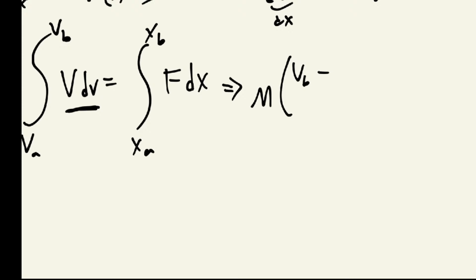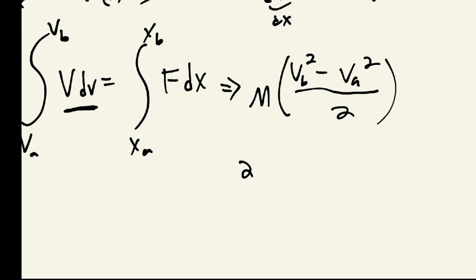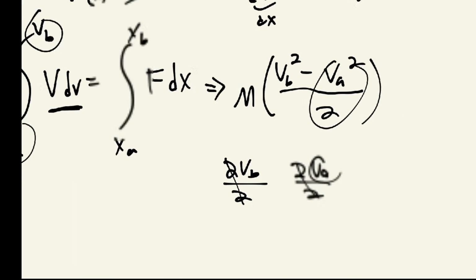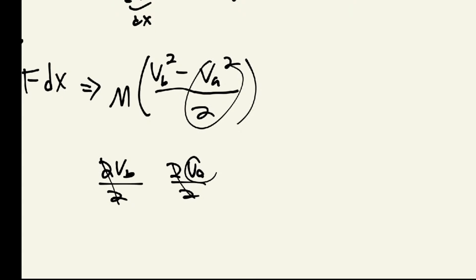Because then the derivative of that is going to be 2vb over 2, which cancels, so that's vb, that's what we have up here. And then the derivative of this is going to be 2va over 2, those cancel, and so that's what we have over here, right? So yeah, that's the answer for one side. That's the integral for the one side.